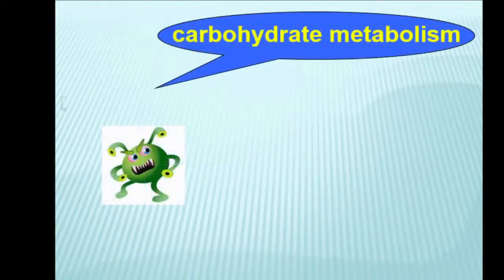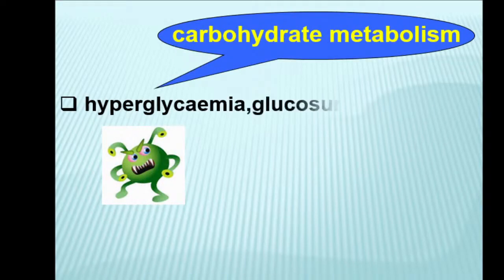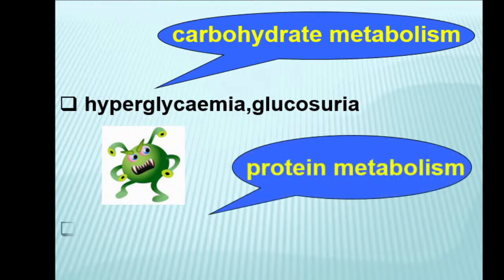Disordered carbohydrate metabolism is manifested with hyperglycemia, increased blood sugar. When the level of blood sugar exceeds 9 millimoles per liter, sugar goes through the kidney and may be revealed in urine. We are talking about glucosuria.